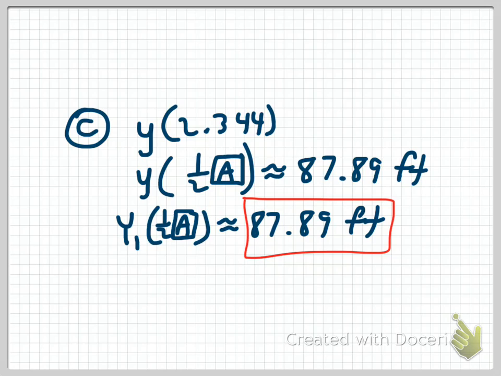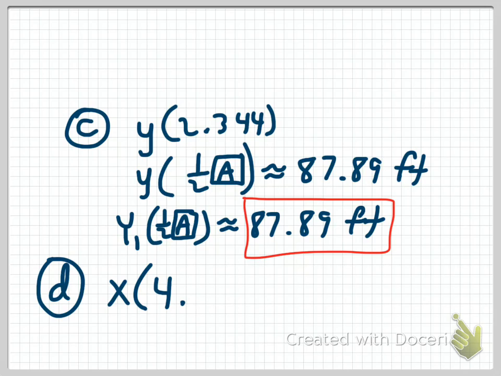Now, part D, determine the distance the ball had traveled. The distance meaning the horizontal distance. It's not stated there, but that's what it means. Since the ball was in the air for 4.688 seconds, to figure out the horizontal distance you just have to figure out what x is when the t value is 4.688.